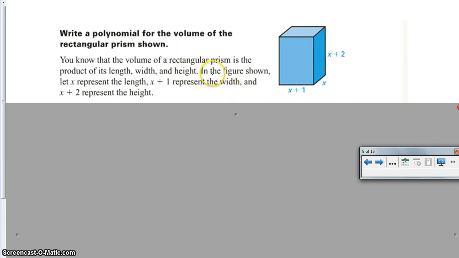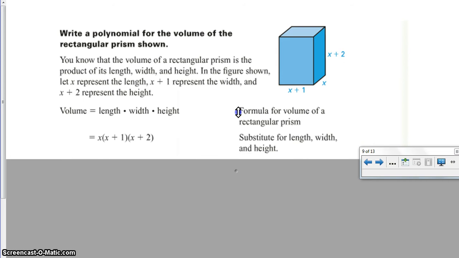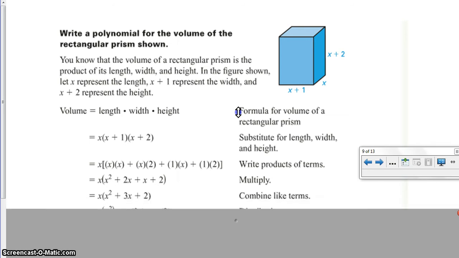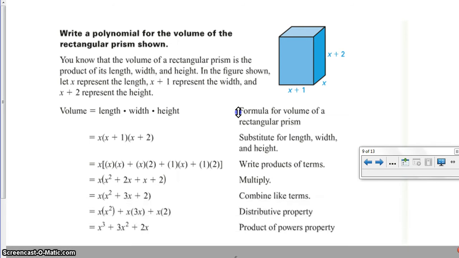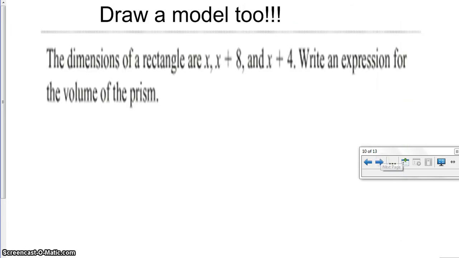If you're talking about a rectangular prism that is x plus 1 times x plus 2, you can draw the picture, write the model, write the product of the terms, multiply, combine like terms, and get the final answer. Go ahead and draw this model, and when you're finished, see how far you can go, and we'll start class with this problem tomorrow.